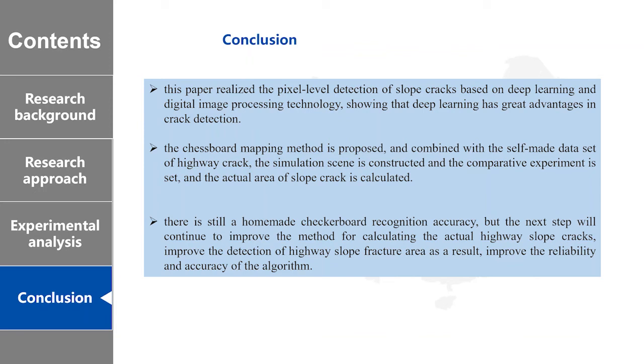At the same time, the chessboard mapping method is proposed and combined with the simulated dataset of highway cracks. The simulation scene is constructed and comparative experiments are set up, and the actual area of slope cracks is calculated. The result shows that the method is feasible for the detection of crack area.